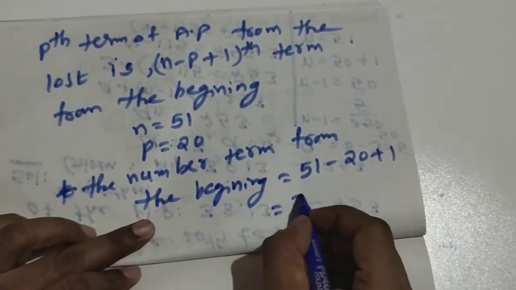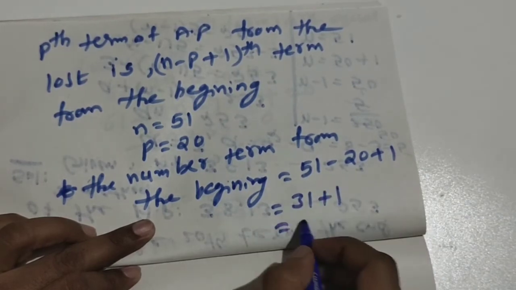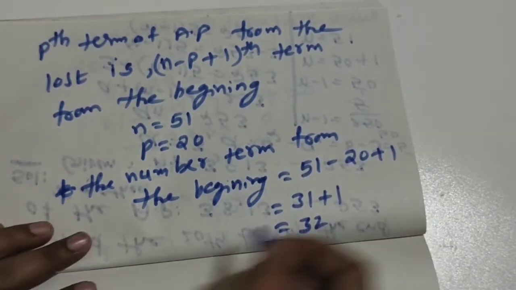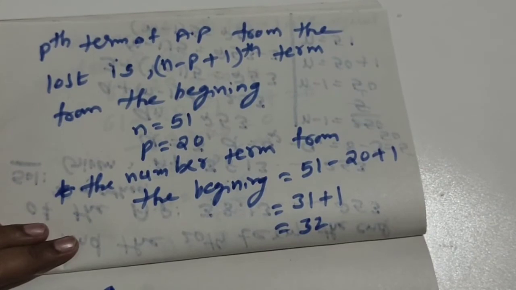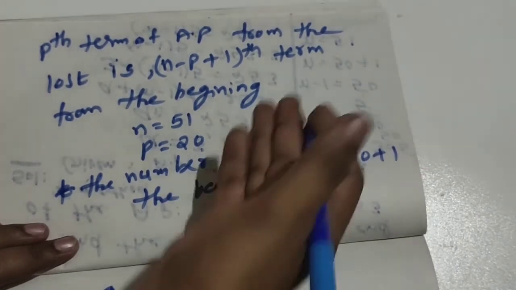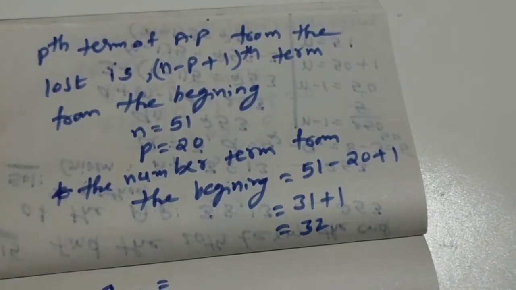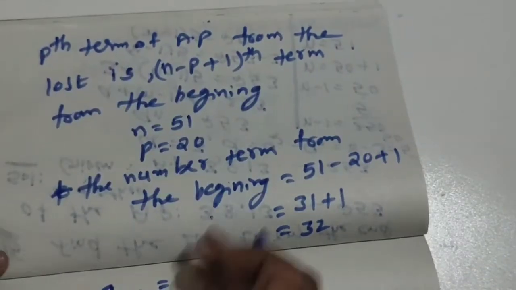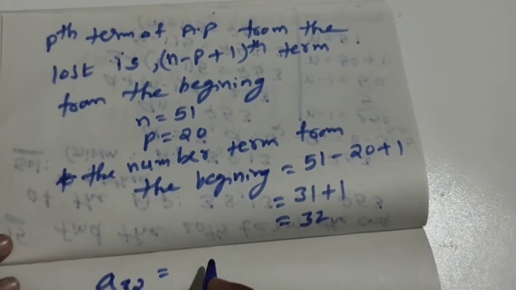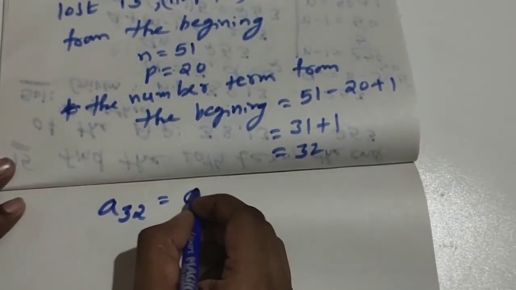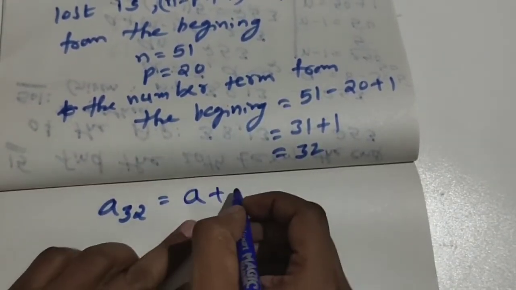So 51 minus 20 is 31, 31 plus 1, simply you get 32. That is, a32 from the beginning is equal to the 20th term from the last. So to get a32 we can apply simply the an formula.